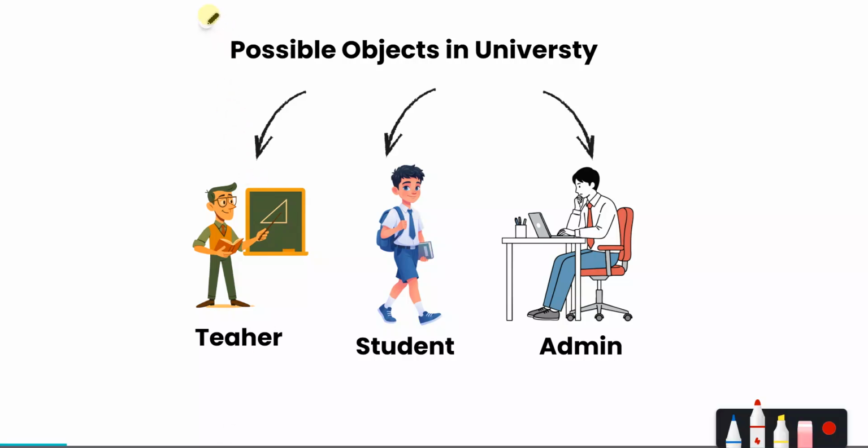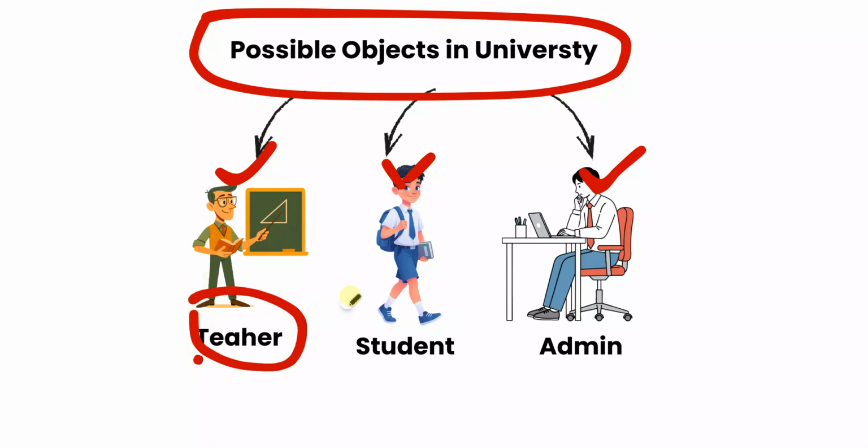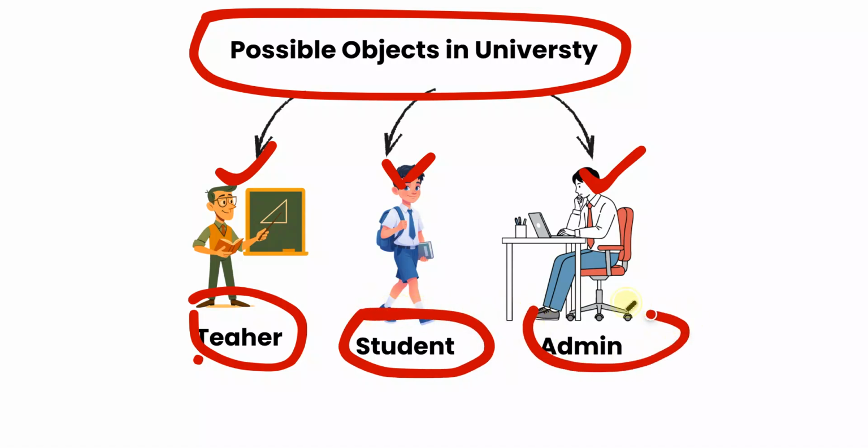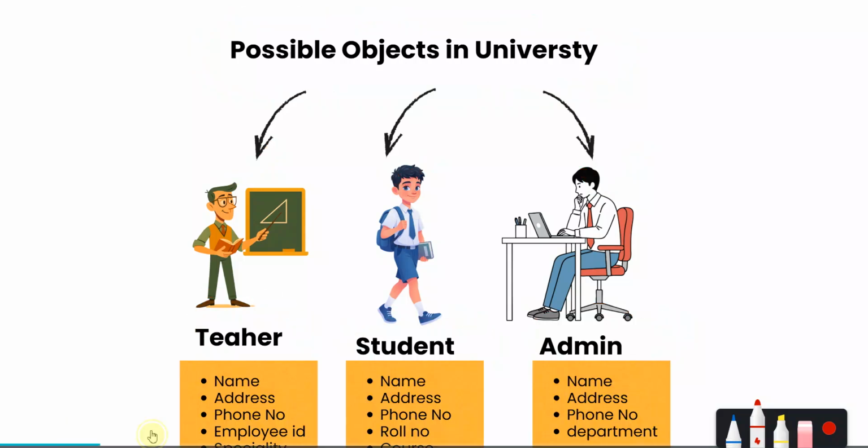This is the basic program which we are looking at in our tutorial. For the university system, we considered all these objects as classes, because the teacher has some responsibility in the university application, the student has some responsibility, and similarly the admin has some responsibility in the university program.